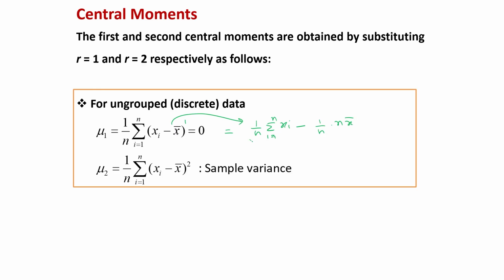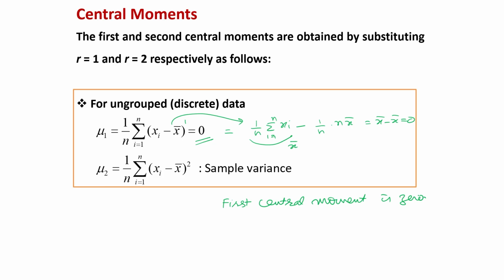So, you will see here this quantity is nothing but your x bar. So, this will become x bar minus x bar, which is equal to 0. That is what I am trying to write down here. So, the first central moment is always 0, right.